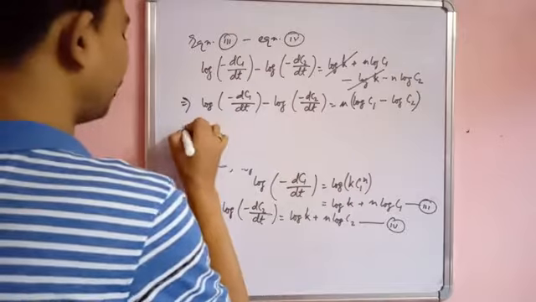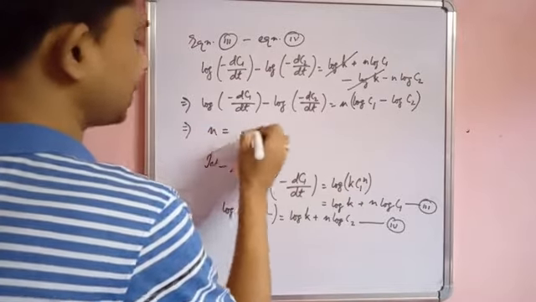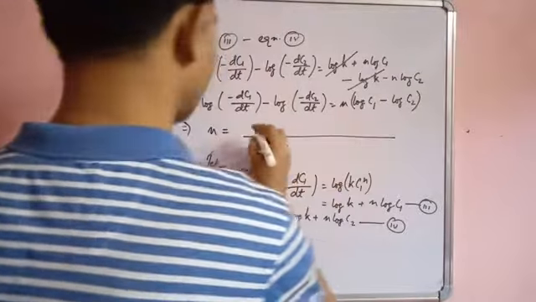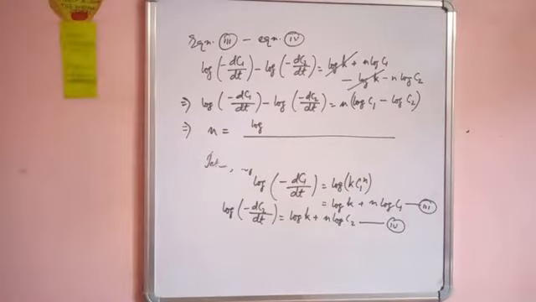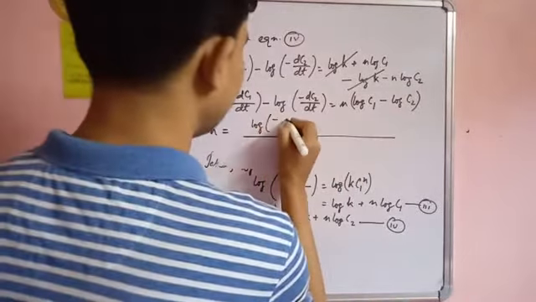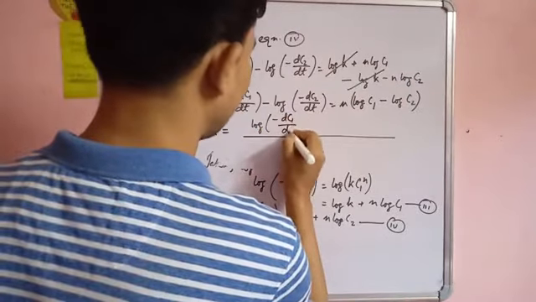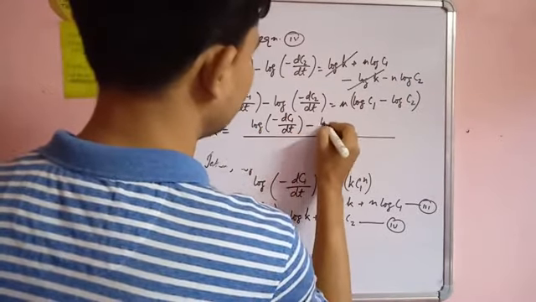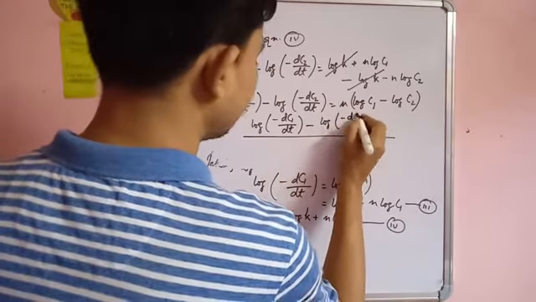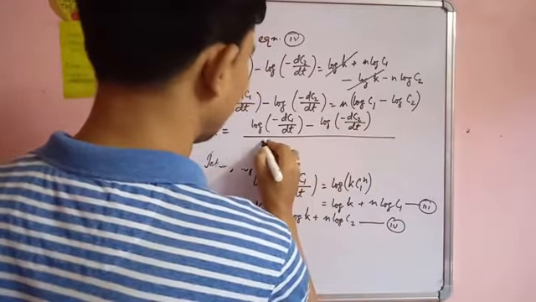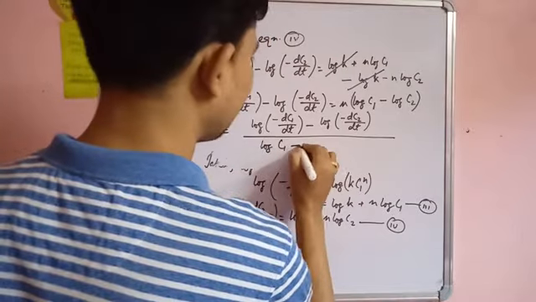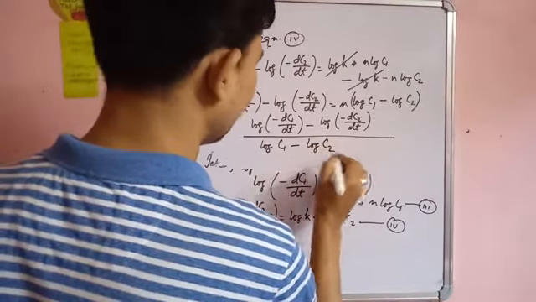Now from this what we will get? n is equal to log of minus dc1 by dt minus log of minus dc2 by dt divided by log of c1 minus log of c2.